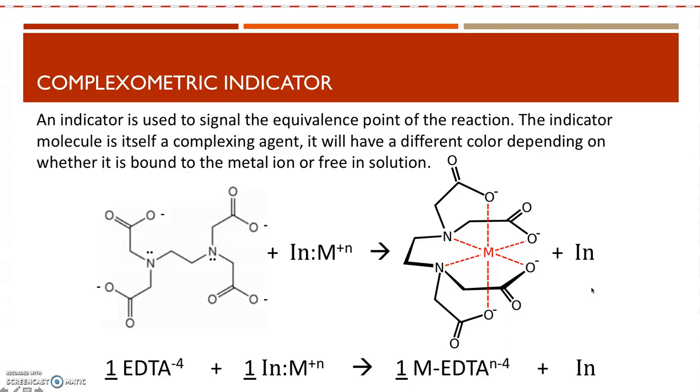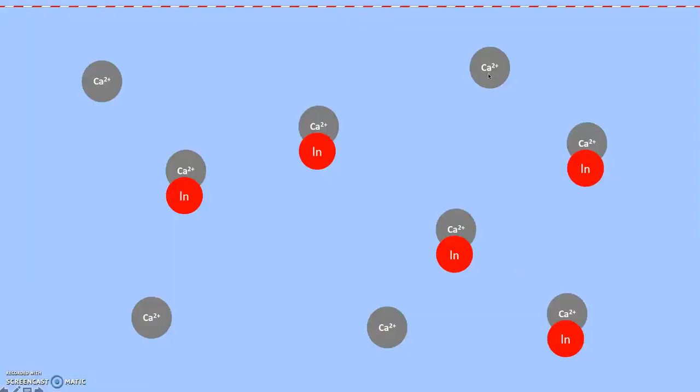I have an animation for what this looks like. You can see here that we have a bunch of calcium atoms and ions in solution, and some of them are bound with indicator. You typically don't add so much indicator that all of the calcium is bound with indicator, only a little bit.